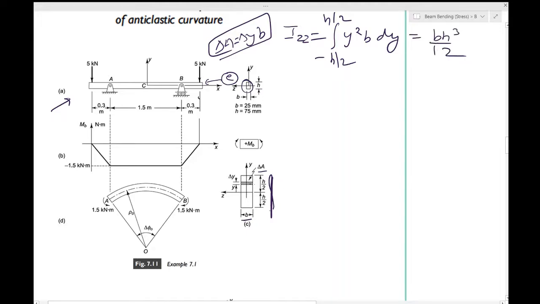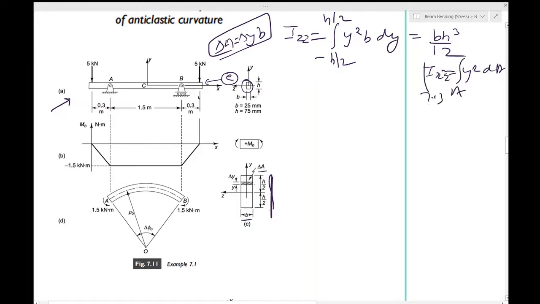You knew this perhaps from your earlier knowledge of how to calculate area moments. So that is also evident in this equation. So you can use equation 7.13. So 7.13 was IZZ is equal to the integral of y squared dA.